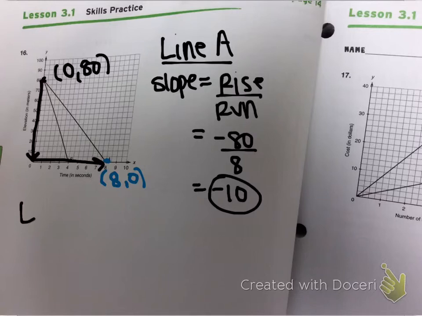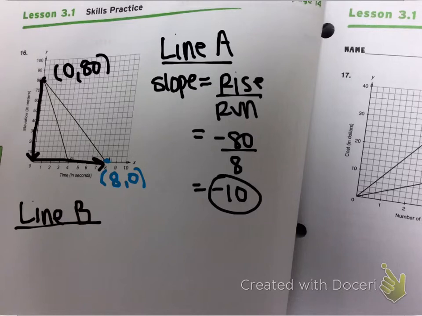Okay, and then line B, I'm going to keep the 0, 80 because it's already on there. Yes, sir? So, for the ones you pick and they're next to each other, you do like multiplication? What do you mean? Like how you pick 0 and 80.